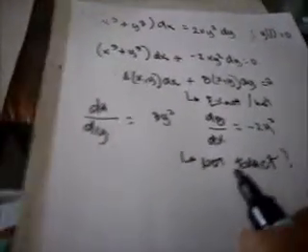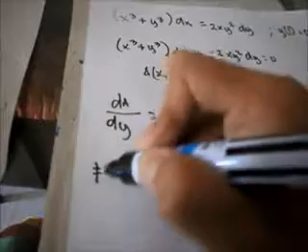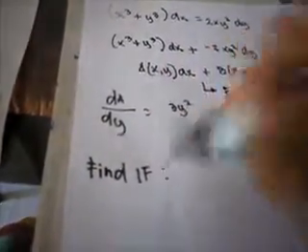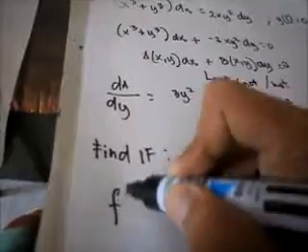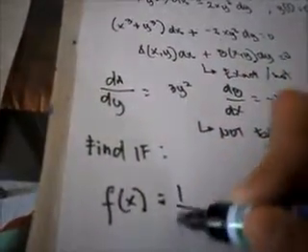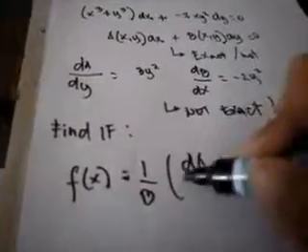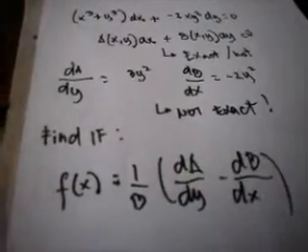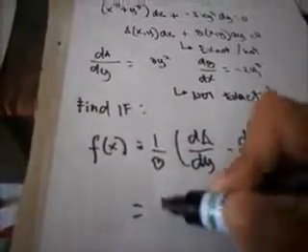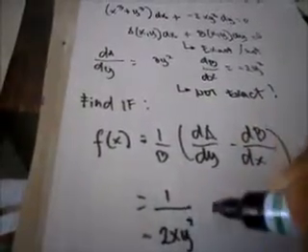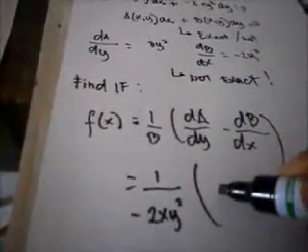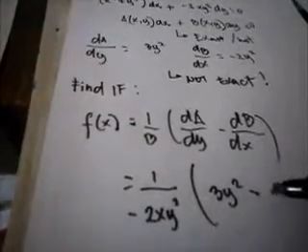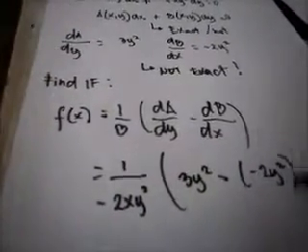So we need to find an integrating factor. For us to do that, we have this equation again: 1 over b times dA over dy minus dB over dx. Substitute the values: 1 over our b from a while ago. Our b in our equation was negative 2xy squared, so it's 1 over 2xy squared times 3y squared minus negative 2y squared.